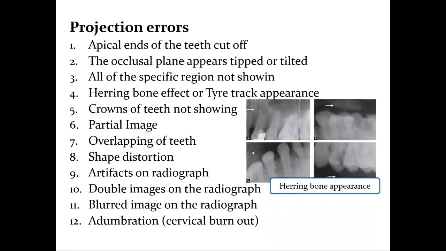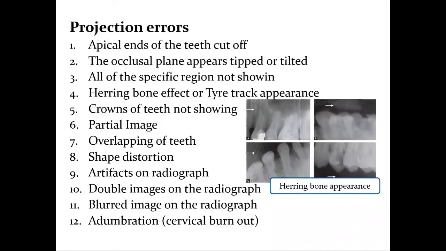And then you have the blurred image, and then there's something called cervical burnout, the other name of which is adumbration. So cervical burnout or adumbration is nothing other than an apparent radiolucency that you see below the cemento-enamel junction of the root, almost in the contact areas itself.